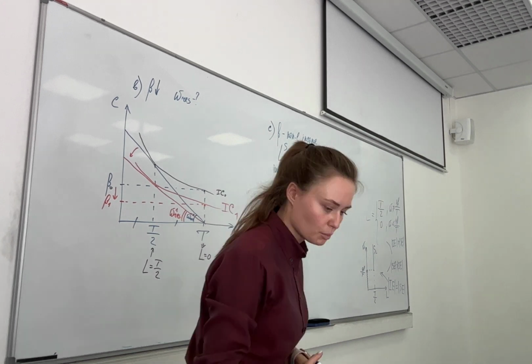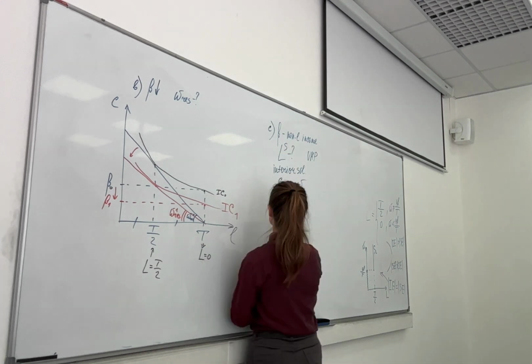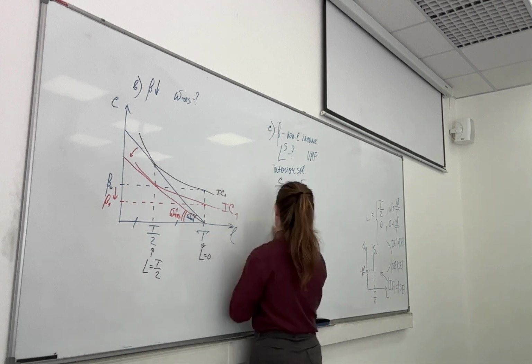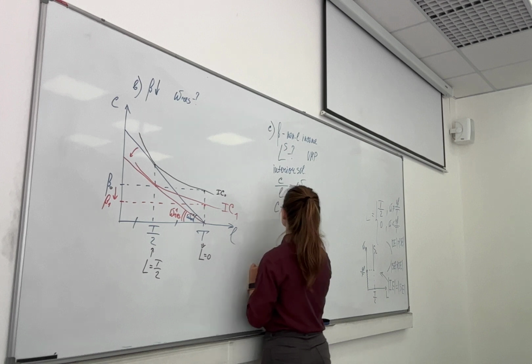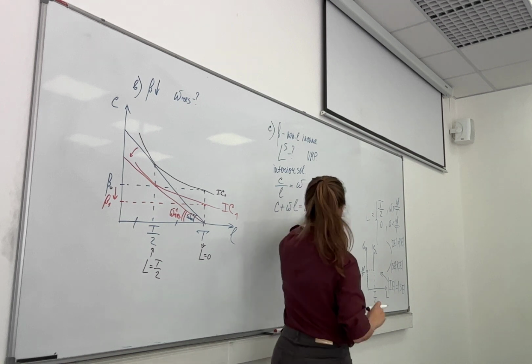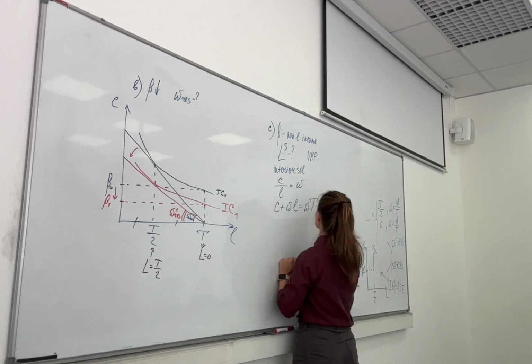Subject to our budget constraint. Our budget constraint changes, we now have non-labor income. So consumption plus wage multiplied by leisure equals the time that we multiply by wage plus non-labor income beta.